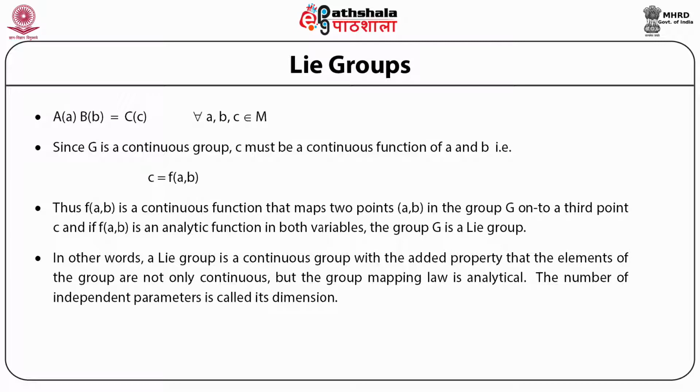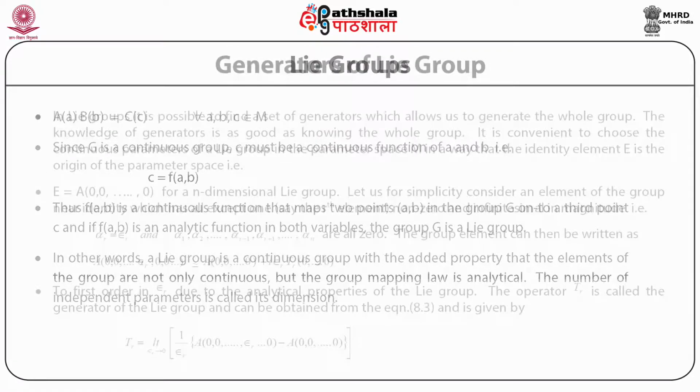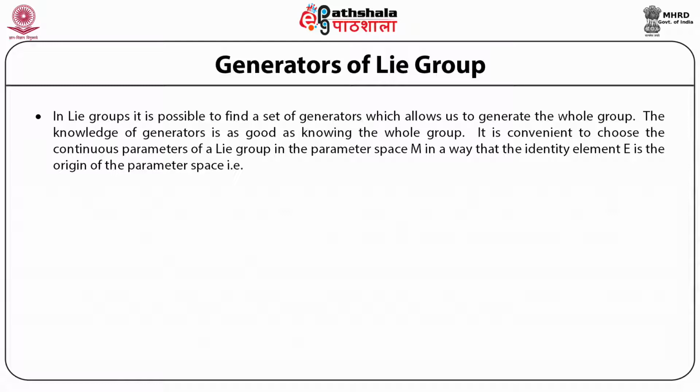The number of independent parameters of such a group is called its dimension. For a continuous group like a Lie group, it is possible to find a set of generators which allows us to generate the whole group. The knowledge of generators is as good as knowing the whole group.